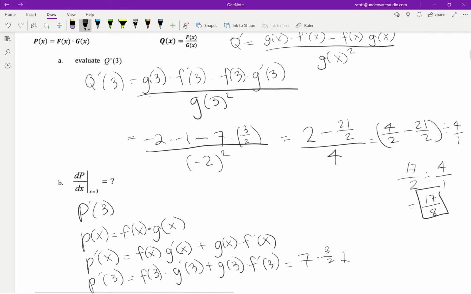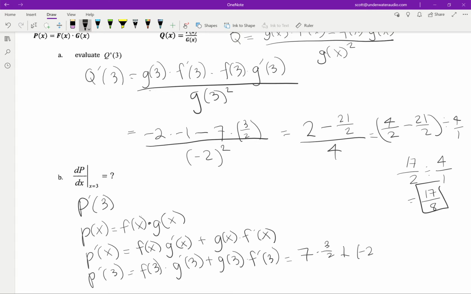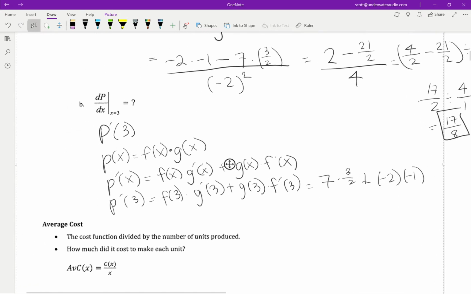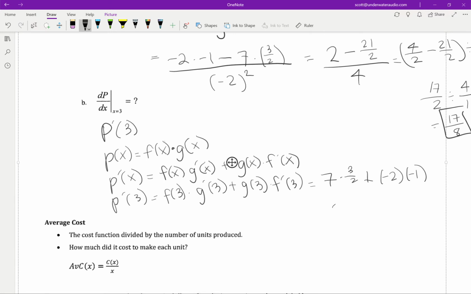F prime of 3 is -1. Okay, so simplifying, 7 times 3/2 is 21/2. And then -2 times -1 is just going to be +2. 21 divided by 2 is 10.5, so I think this is 12.5.